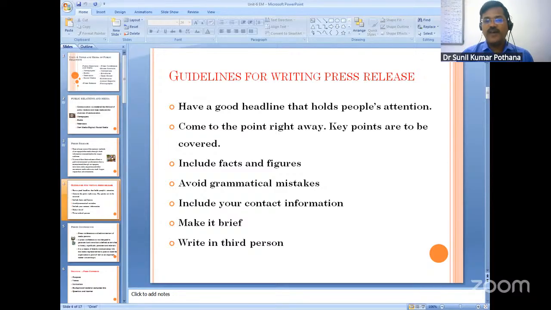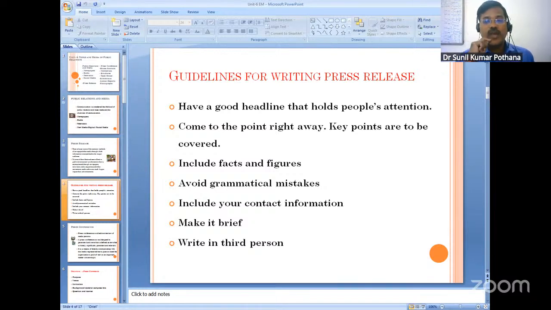We must include facts and figures of our company, or in general what we have found in our research. So a publications officer's duty is also to research, to get the facts and figures. That should be easy to understand.